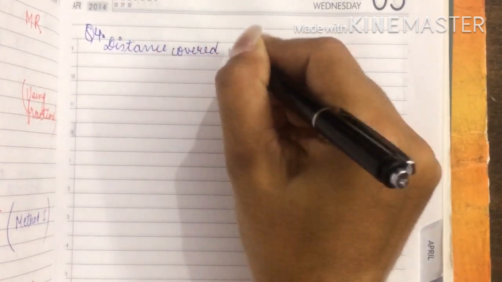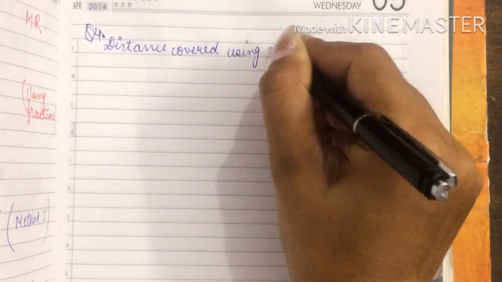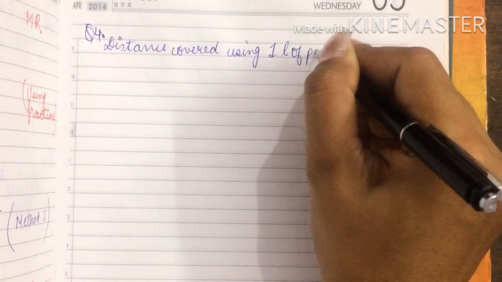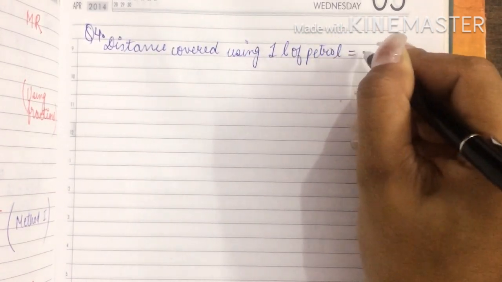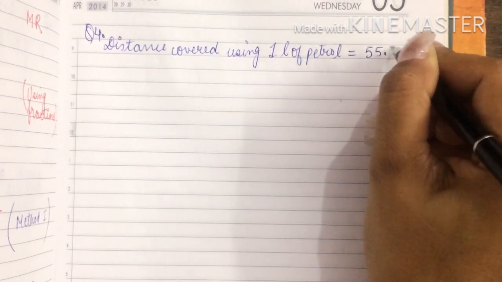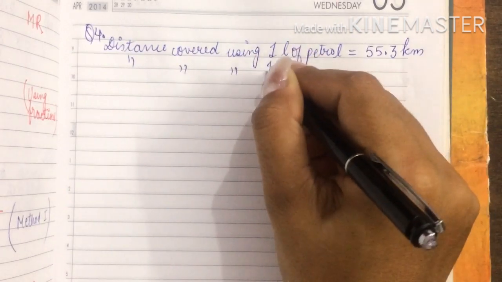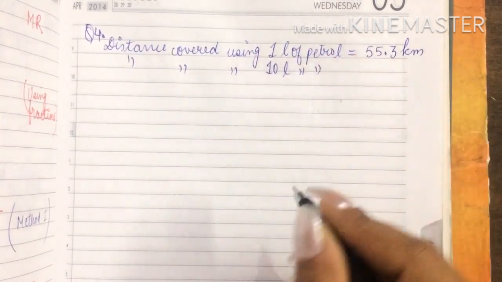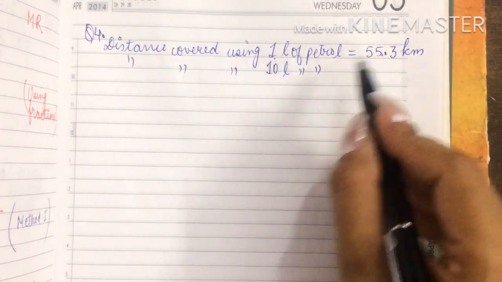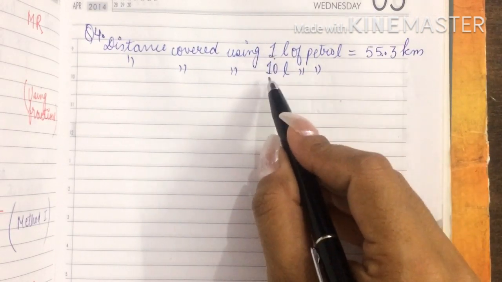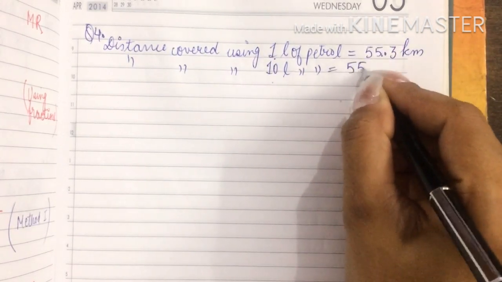Distance covered using 1 liter of the fuel, petrol, is 55.3 kilometers, and we have to find out the distance covered using 10 liters of petrol. For 1 it is this, for 10, from 1 to many, we will multiply.